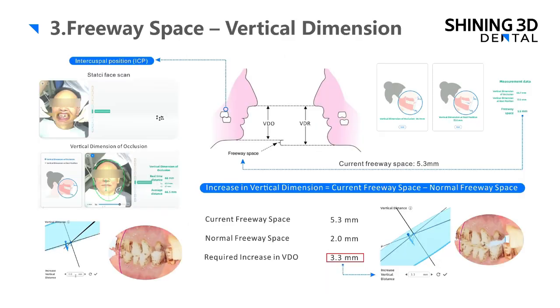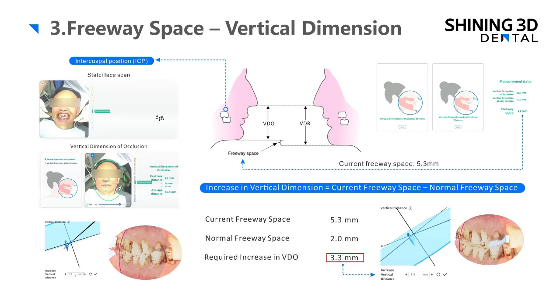Now we have the freeway space calculated for this patient, which is 5.3 millimeters, and we need to know how much the vertical dimension needs to increase for this patient. Now we need to use some simple mathematics. The increase in vertical dimension equals the current freeway space minus the normal freeway space.